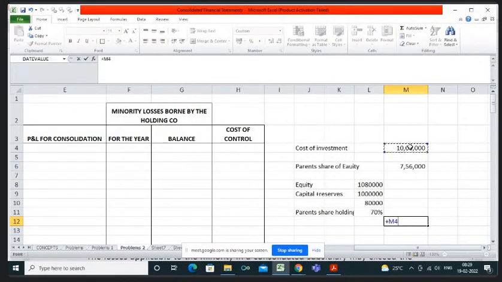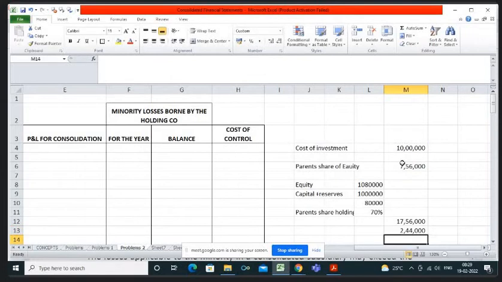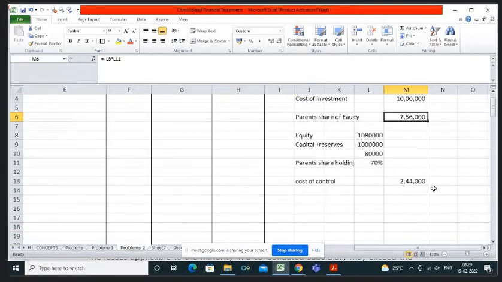So what is the difference between cost of investment and parent share of equity? It is 10 lakh minus 7 lakh 56,000, which is 2 lakh 44,000. 2 lakh 44,000 is the cost of control. How much did we pay to acquire the shares? 10 lakhs. What is the amount of shares we have got? 7 lakh 56,000. So it means we have paid so much of an amount in excess, so it will be called goodwill.